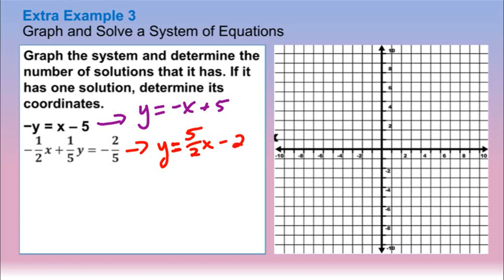Now if I graph them, the first one, put a point at 5, slope of -1, so down 1 to the right 1. And draw my line.